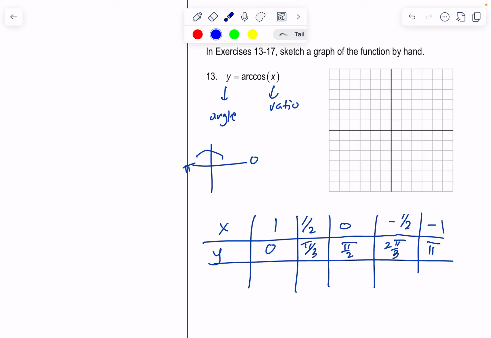But why am I looking at the x coordinate only? Because I'm looking at cosine. Remember, sine is looking for y values, cosine looking for x, tangent looking for y over x, cosecant is 1 over y, secant is 1 over x, and cotangent is looking at x over y.